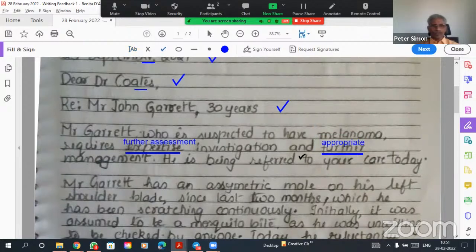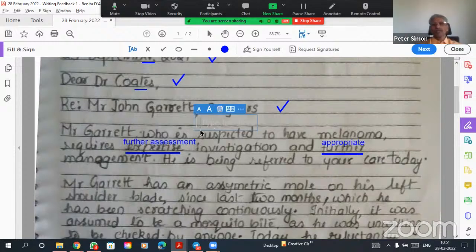Right. Mr. Garrett, who is suspected to have melanoma, or you can say who has signs and symptoms suggestive of, that would be even better. Who is suspected to have, fine, very good. But you can say it in an even better form. This is good, no doubt, this is B grade quality, but you can even try B plus.